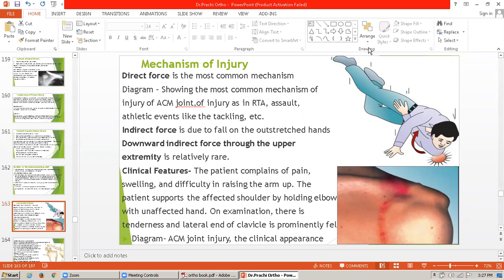On examination, there is tenderness and the lateral end of the clavicle is prominently felt. In this second diagram, there is an acromioclavicular joint injury with the clinical appearance.